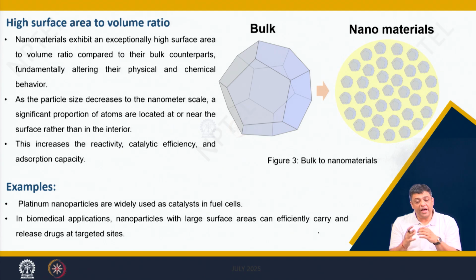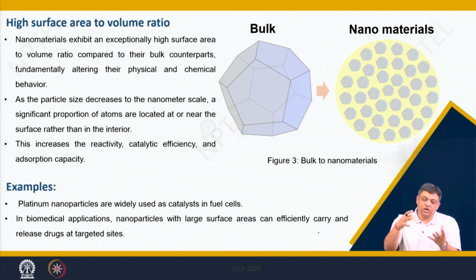Hence, just by going back to our school knowledge, where we understood that catalysis is driven by the reaction of the catalytic particles with something. That means, if you have more number of atoms which is driving a chemical reaction, then what is the basic need? Suppose you have a large particle, then most of the atoms are inside, but the reactions will only take place at the surface.